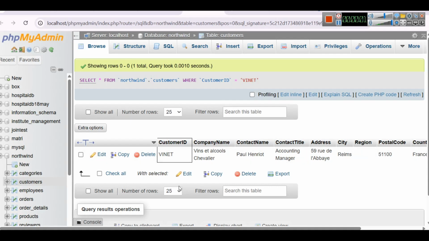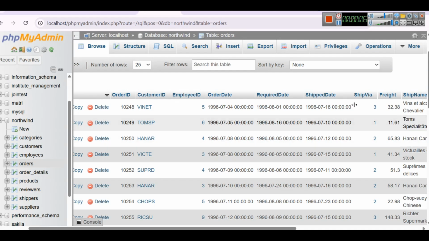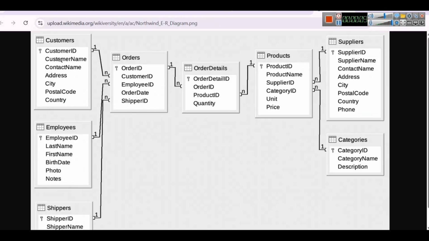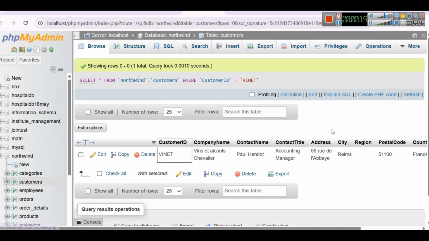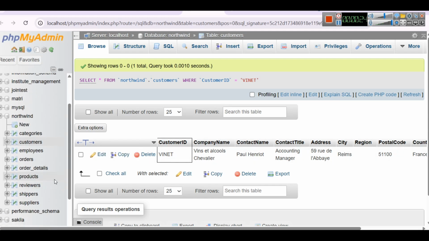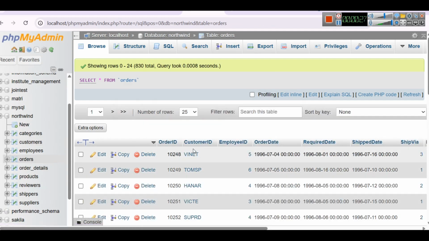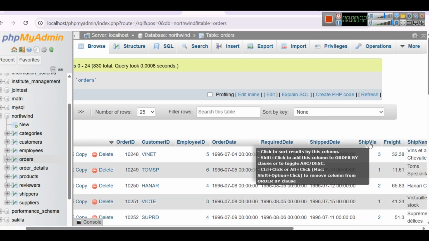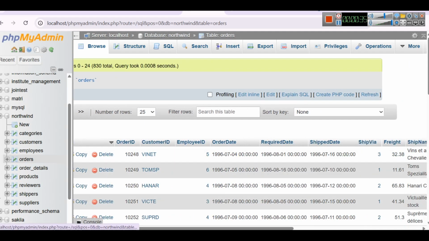Here you can see we have the customer ID, and here we have employee ID, and then you can see we have customers, employees, shippers. This is how these different tables are related to each other. First of all, is it now clear to you guys? In orders we can find customers, employees, and ship via also. This is important. The name ship via is given here, but there it is given as shipper.